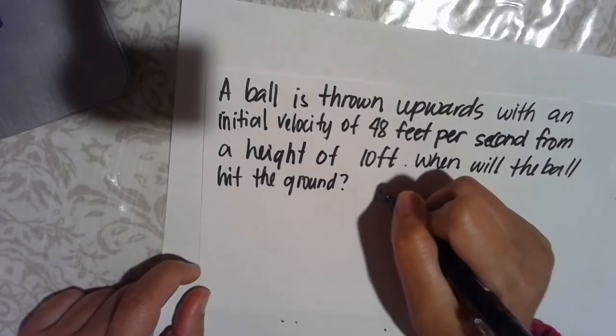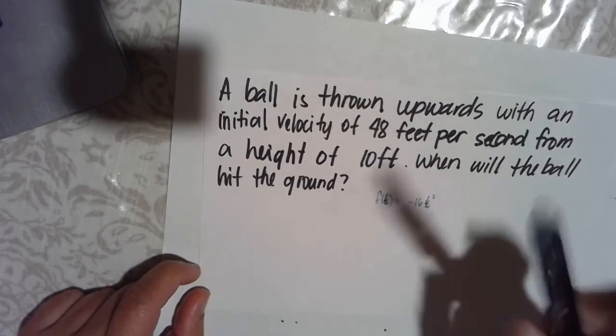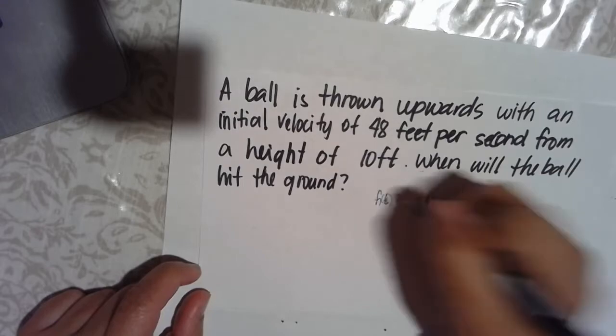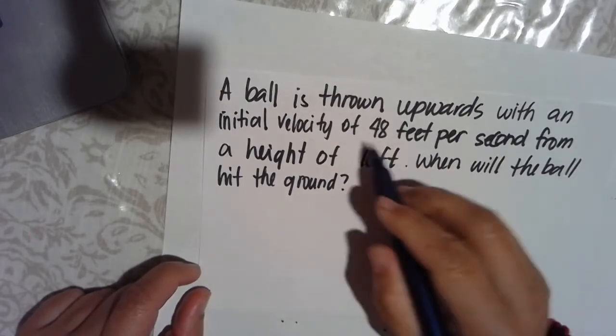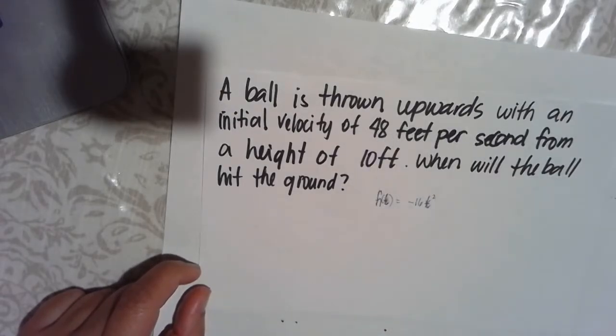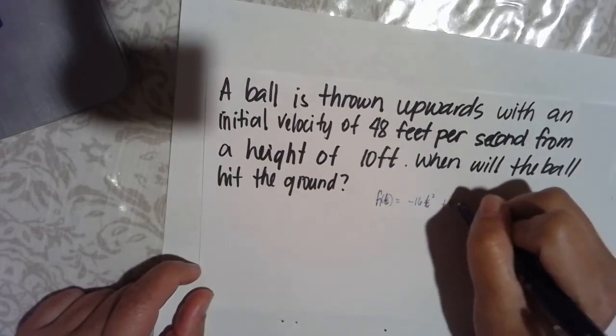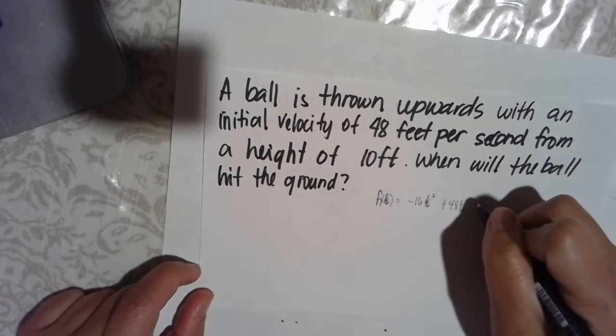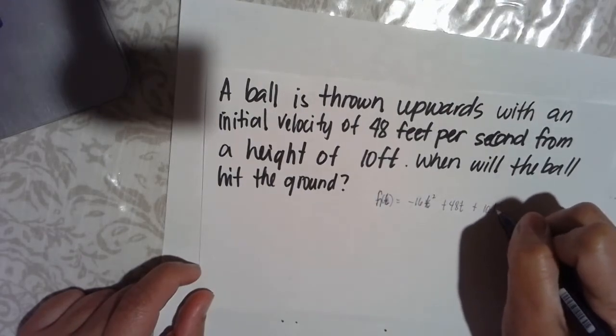Let's use t. Let's use h of t. It's negative 16 t squared. Then 48 is your velocity, so plus 48 t. And then your initial height is 10, plus 10. That's it.